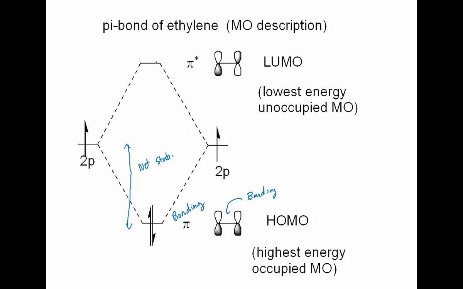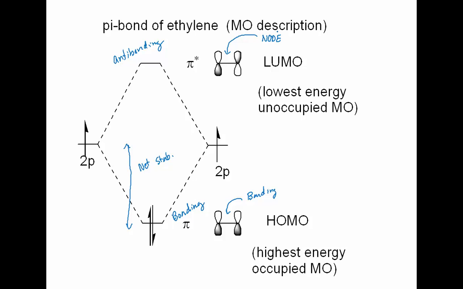Here, this is anti-bonding. And we're going to refer to this type of interaction here as a node or an anti-bonding interaction. This is where unlike phases are being forced to combine, and this is a destabilizing situation.